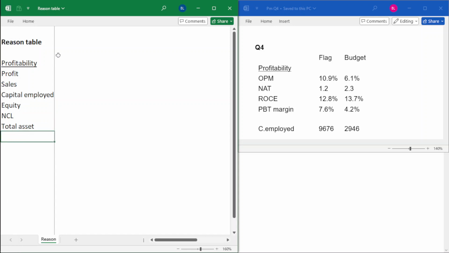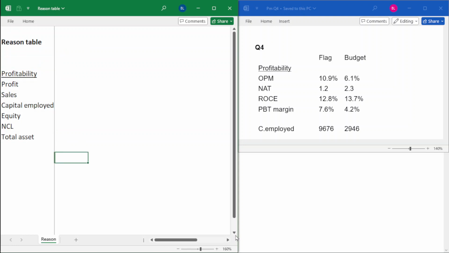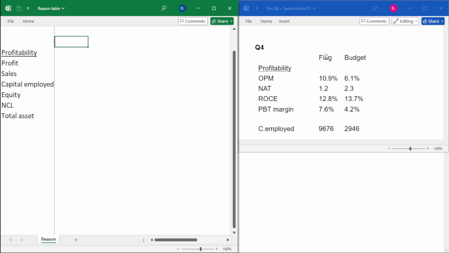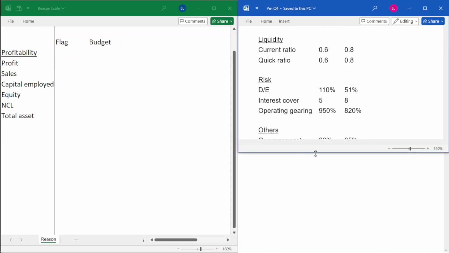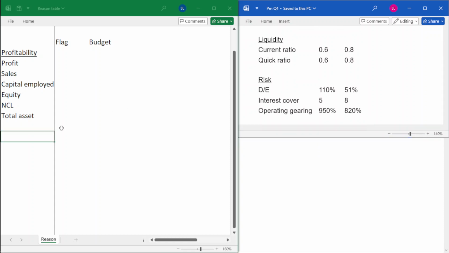Okay. So let's say this one flag and budget. Okay, let's continue. See liquidity. So current ratio can be current asset over current liability.